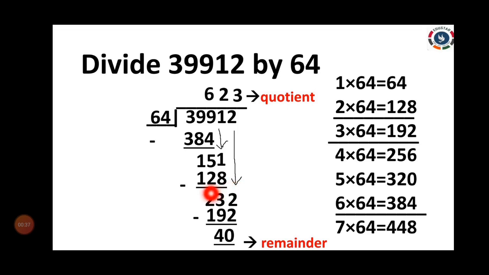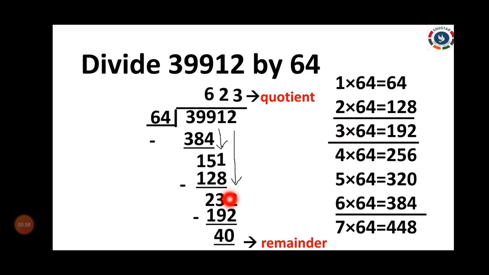Then how many times 64 is there in 232? Here 232 is not there, but you want to select the product that is less than 232, which is 3 times. So write 3 at the top, write 192 at the bottom.